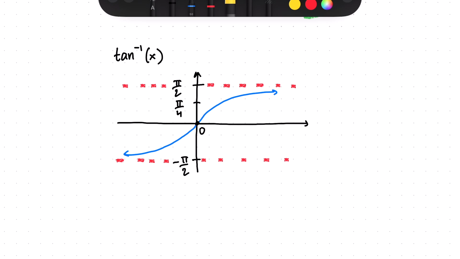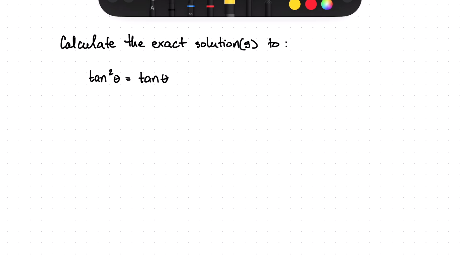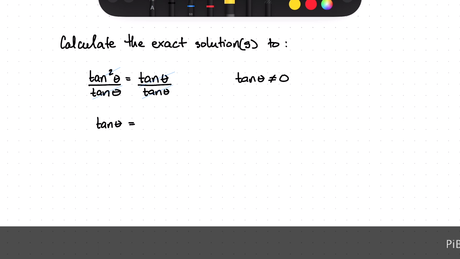Now I want to try to solve this problem in a slightly different way. What if we divide by tangent theta on both sides? That means tangent theta is going to be a denominator, so we have to say that tangent theta cannot be equal to 0. On the right-hand side, tangent theta is going to cancel out, which will give us just 1. And on the left-hand side, we will just get tangent theta.